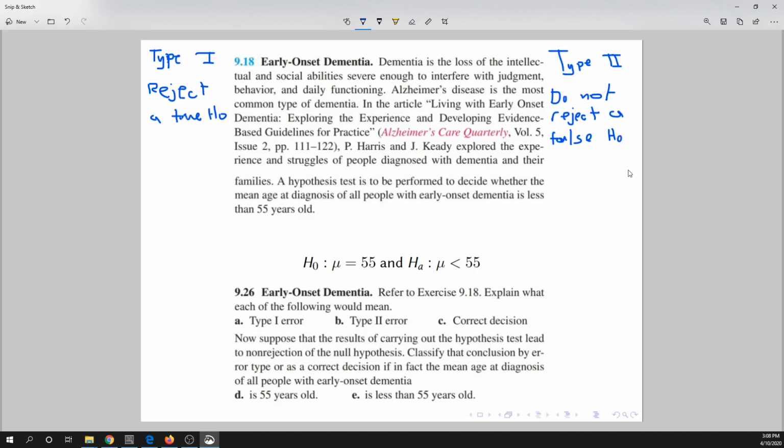Remember, as a researcher, you want the truth of the matter. And so these would be errors.